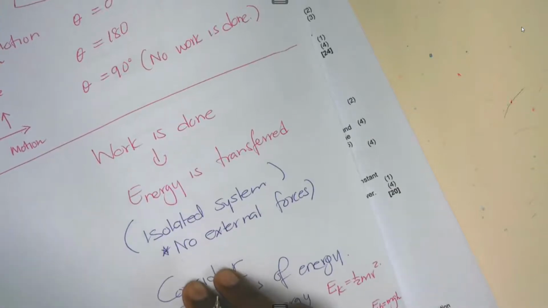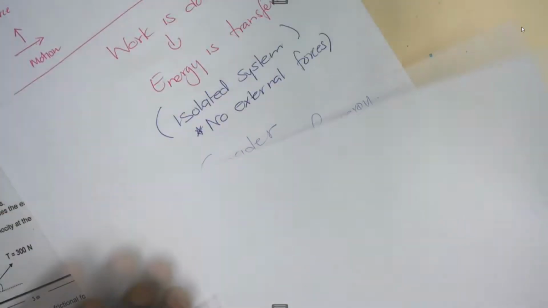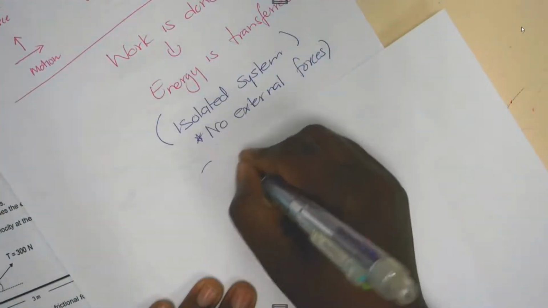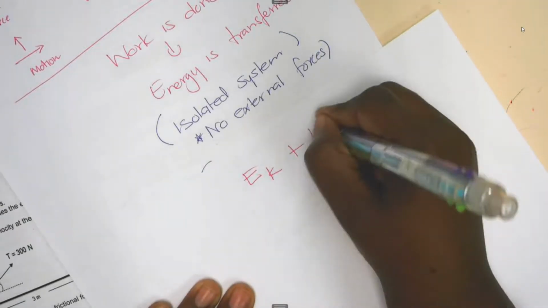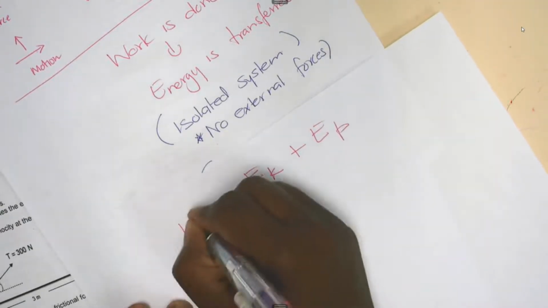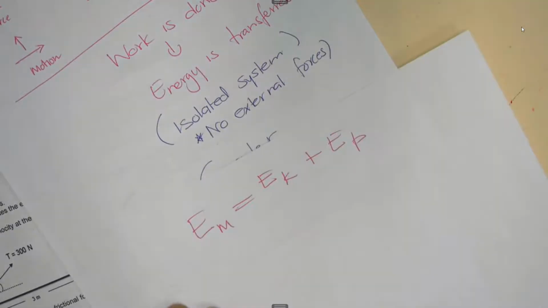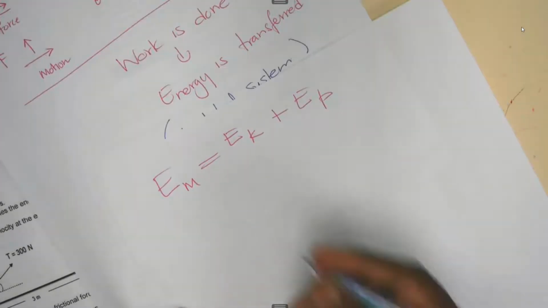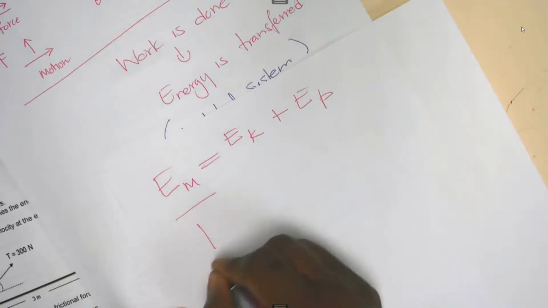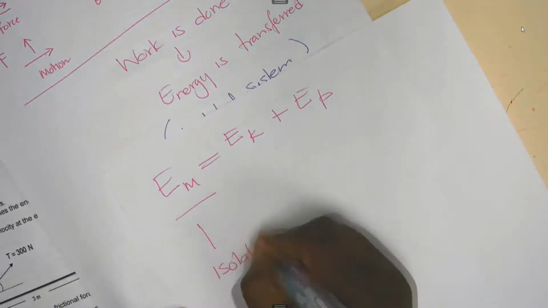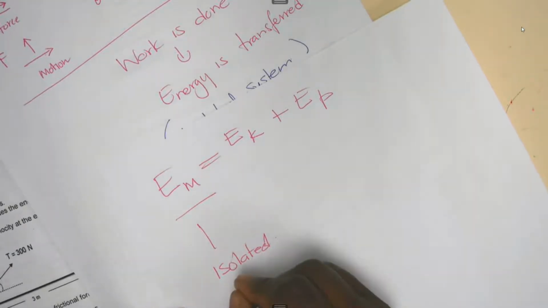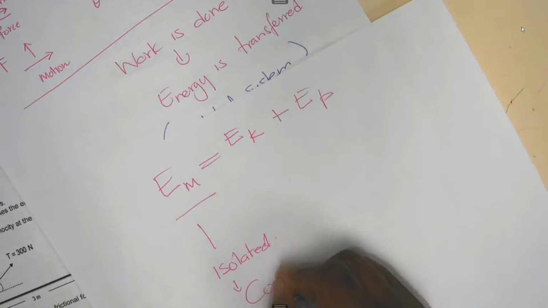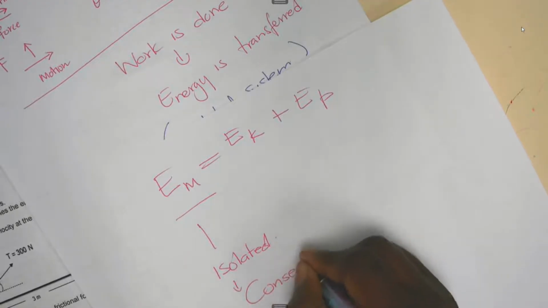Then the two, kinetic energy and potential energy, give you the mechanical energy. And when the system is isolated, this one is conserved.